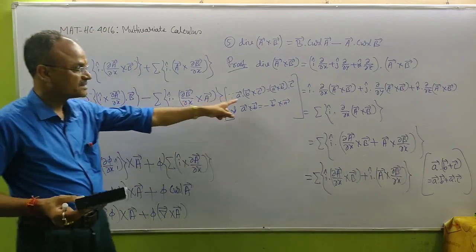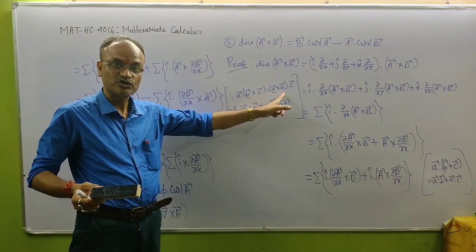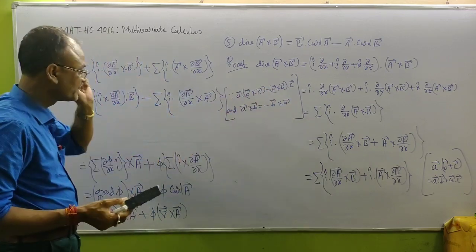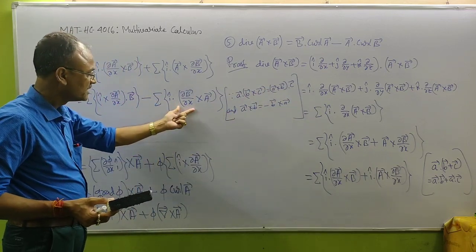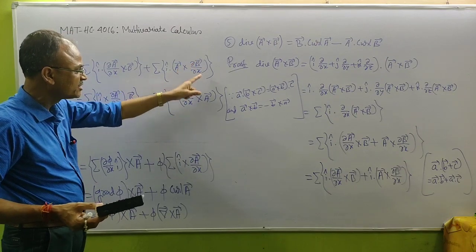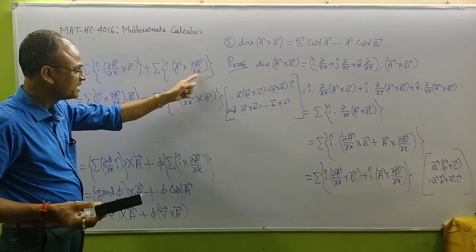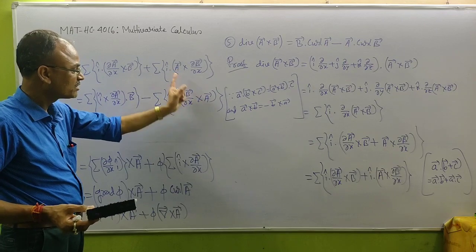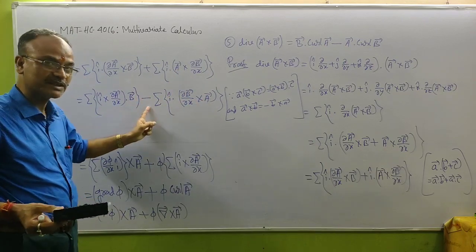In a scalar triple product, the positions of dot and cross can be interchanged. And here, since we have written this first and this last, for that we have to put a negative sign here.